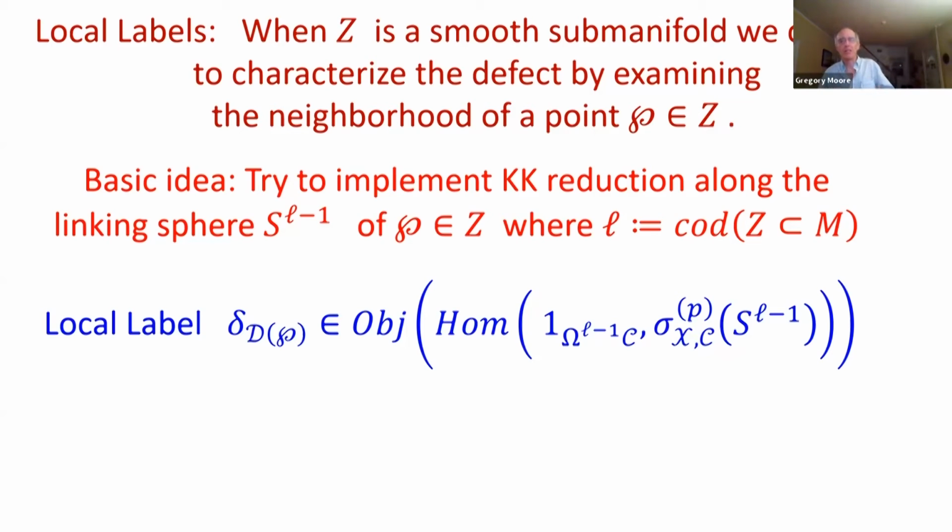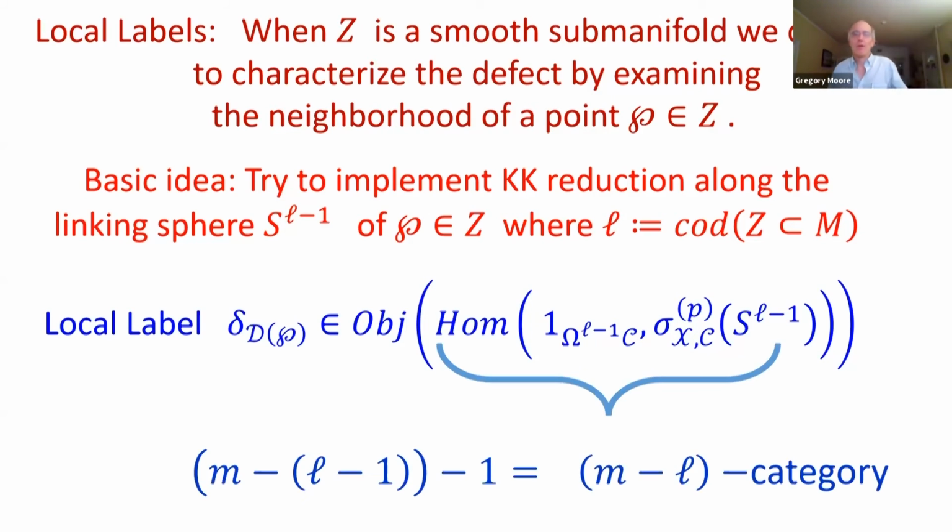The L-1th looping of the category C. Now, there's also the unit in that L-1 looping of C. And so we can consider the Hom space from the unit to the value of the field theory on the linking sphere. Now, that Hom space, remember, is a higher category. It's an M minus L category. So the local label is an object in an M minus L category.